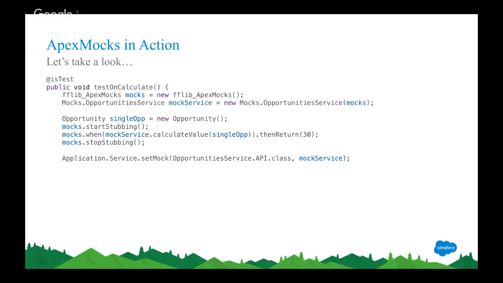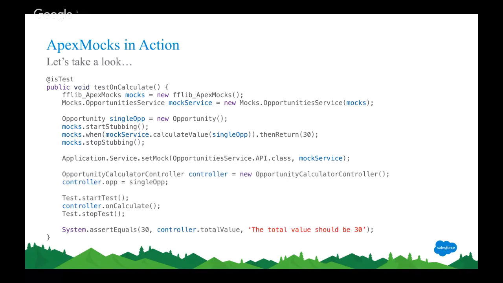The way it works is you use your application class as a dependency injector. So what this is doing is overriding our OpportunityService.api instance with our mock service. And this will play back into our OpportunityService.calculateValue call and replace that instance with the mock service rather than OpportunityService.api. Hopefully that makes sense. If it doesn't, it's a little bit more complicated, but that's all related to Apex Lib.